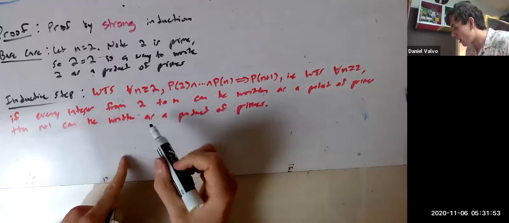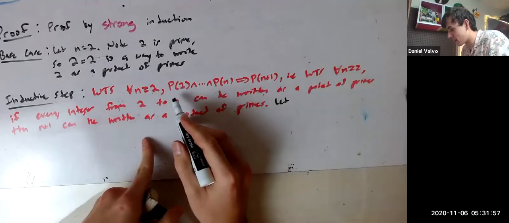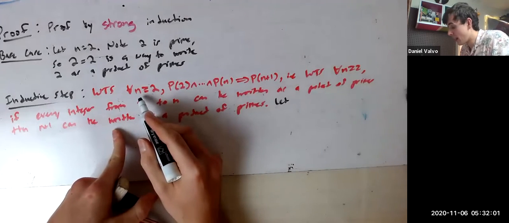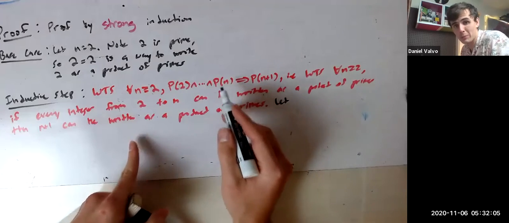So now, we have an if-then statement, right? Where the domain is all n greater than or equal to 2. And the hypothesis here isn't P of n, but it's P of 2 all the way out to P of n.